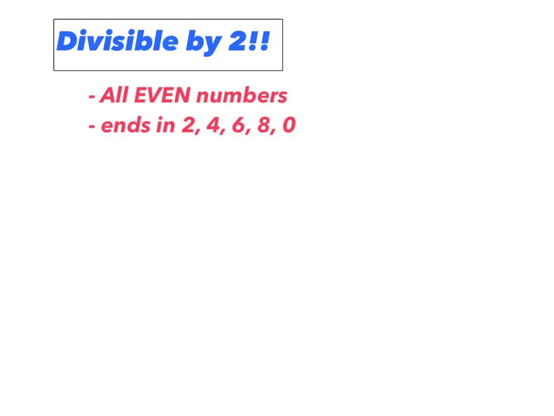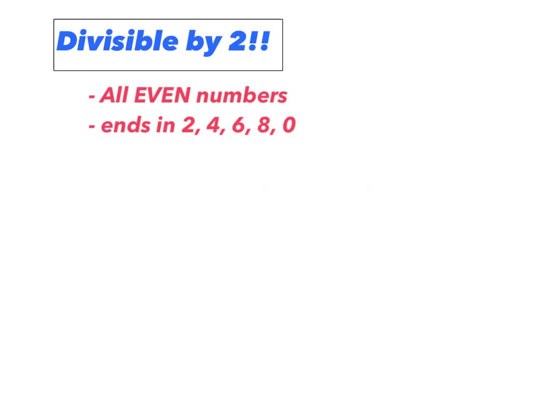All right, to see if a number is divisible by 2, all you need to look for is to see if the number is even. Every single number that ends in a 2, a 4, a 6, an 8, or a 0 is an even number. And I can prove this to you by showing you the multiples of 2.